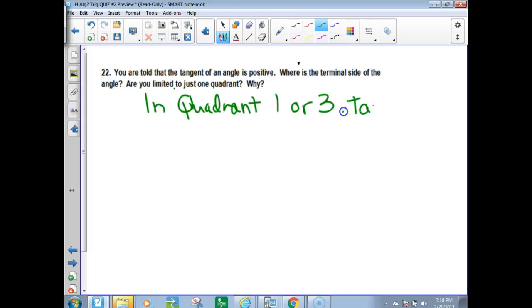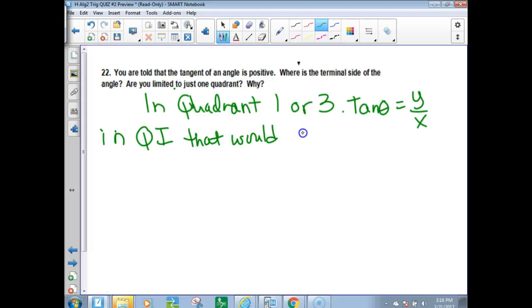Why? Well, tangent of theta is y over x. In quadrant 1, that would be positive because y is positive and so is x.